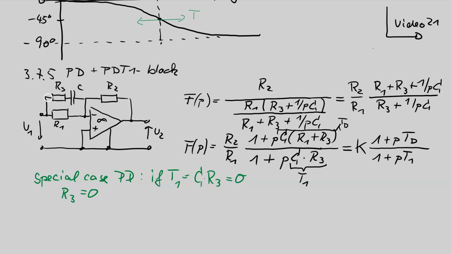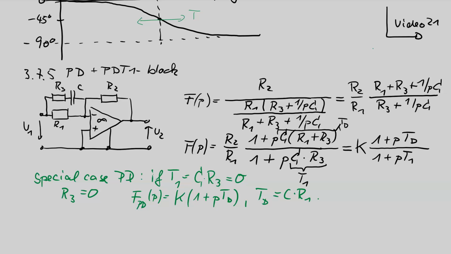We can say it is a short circuit over R3, and we have just a simple parallel circuit of R1 with C. In this case, the transfer function of the PD, F of p, is K multiplied with 1 plus pTD, and TD in this case is just C times R1.